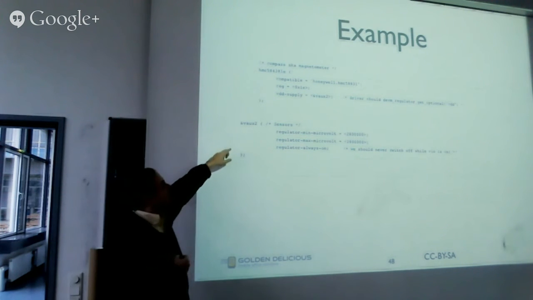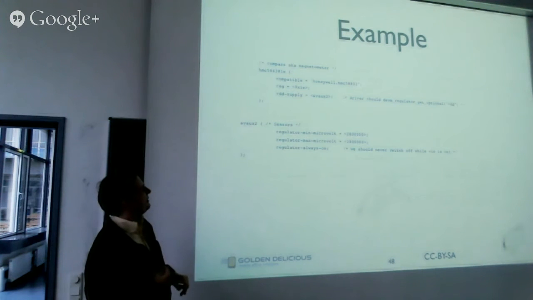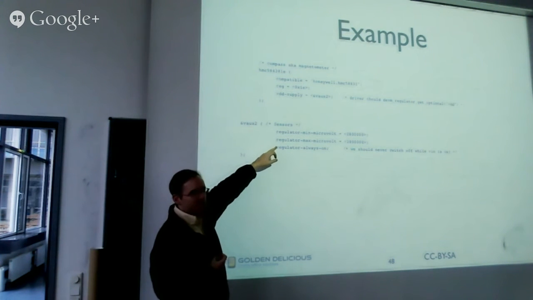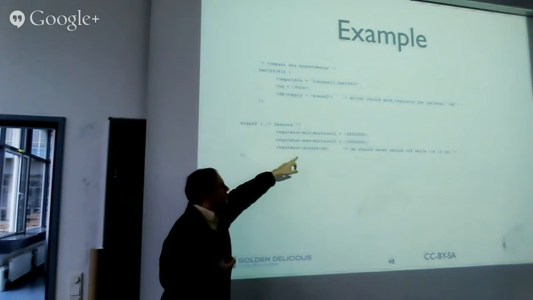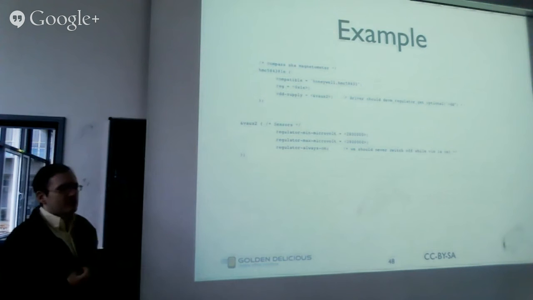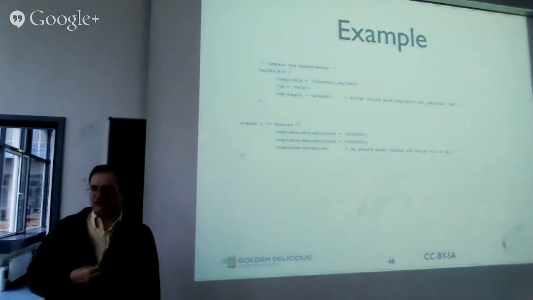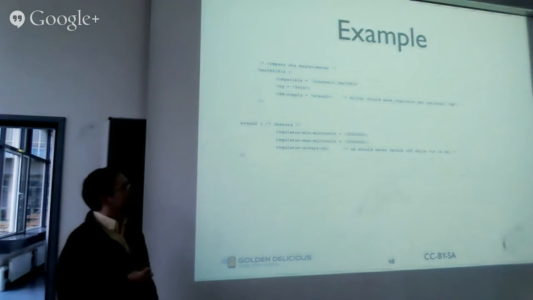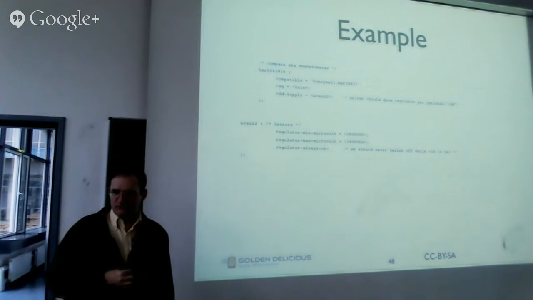What we here override are three parameters. We define the microvolts minimum and maximum of the regulator, and here we say always on. This is for some hardware reasons specific for the GTA04 board, that it should never be turned off.